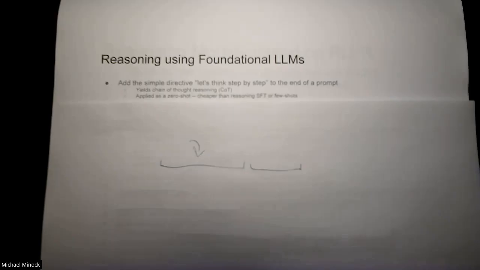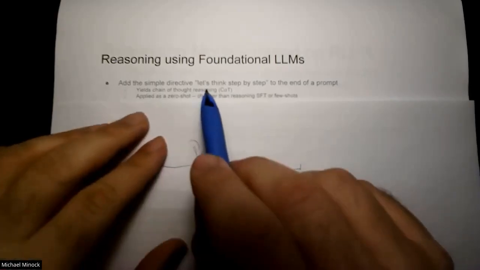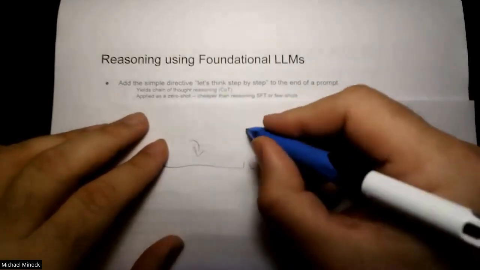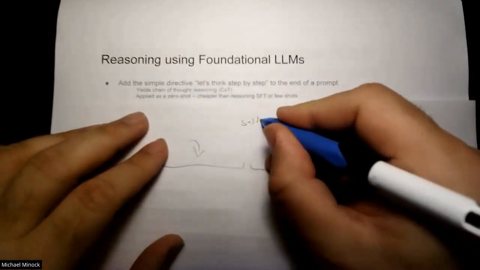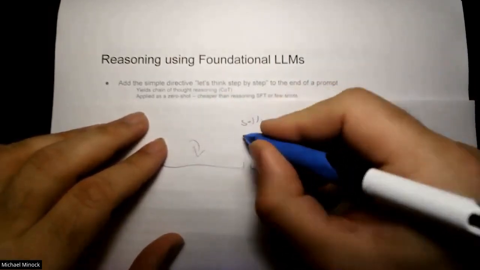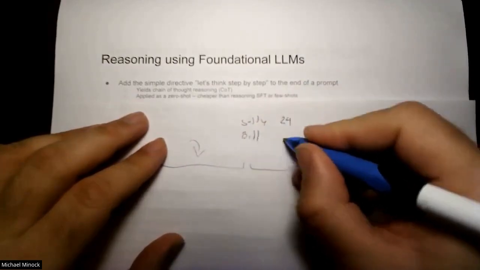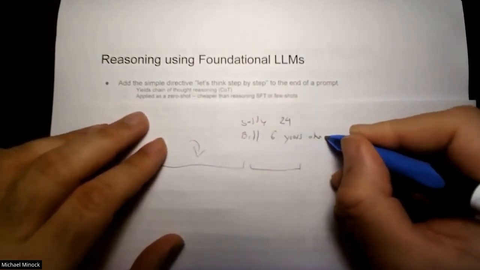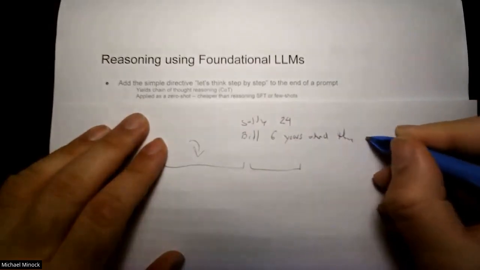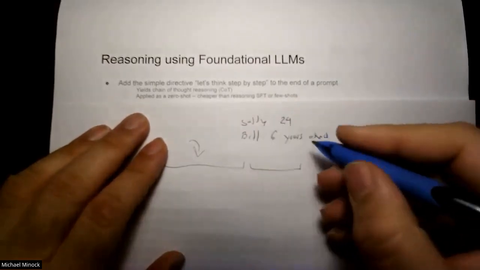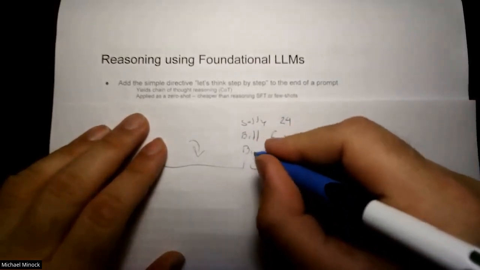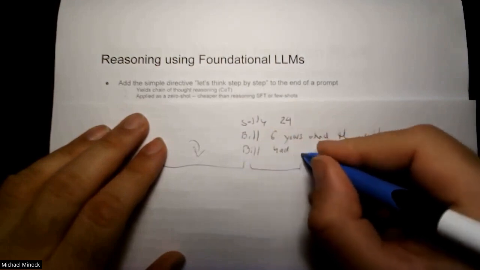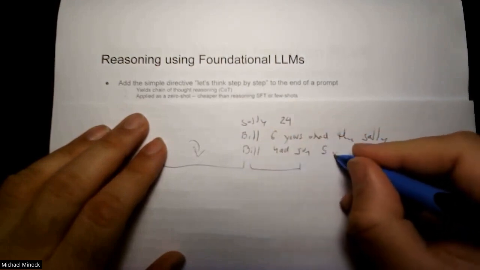So again, the prompt I would put in here is: Sally is 24. Bill is 6 years older than Sally. Bill had a son 5 years ago.